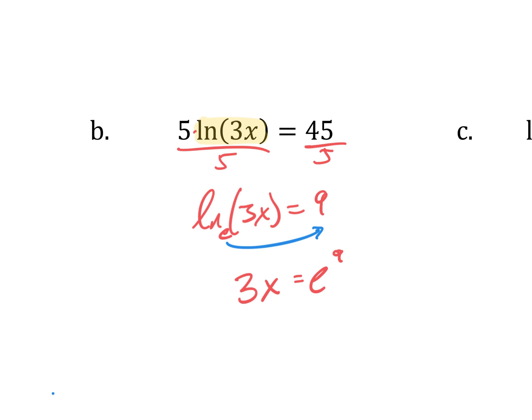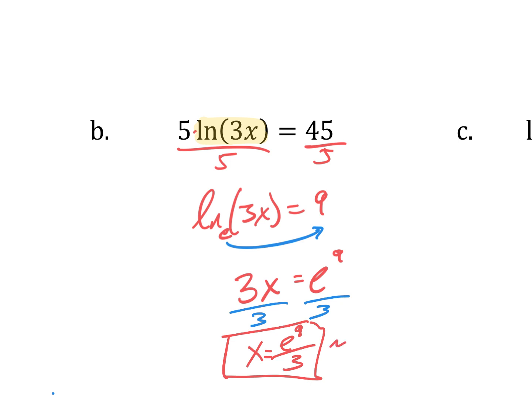Now, e to the 9th is a decimal number, so we want to leave it alone. We want an exact answer first. So we divide by 3, and we have e to the 9th divided by 3. That is the exact answer there. If we want a decimal approximation, we can go to our calculator, and e to the 9th divided by 3 gives us 2,701.03.